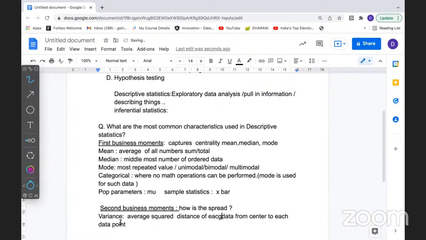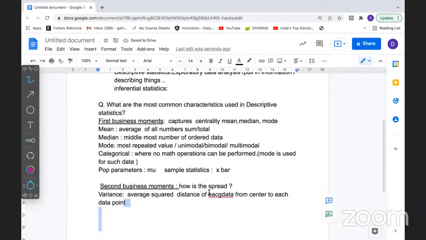The square root of variance gives you the standard deviation.